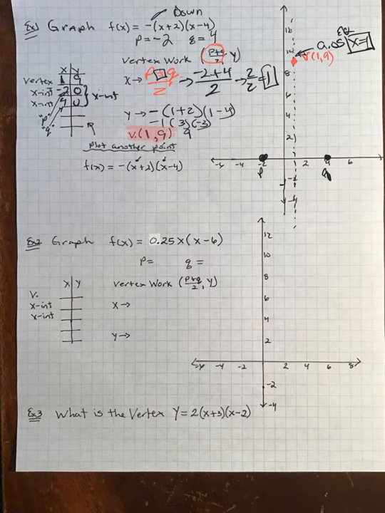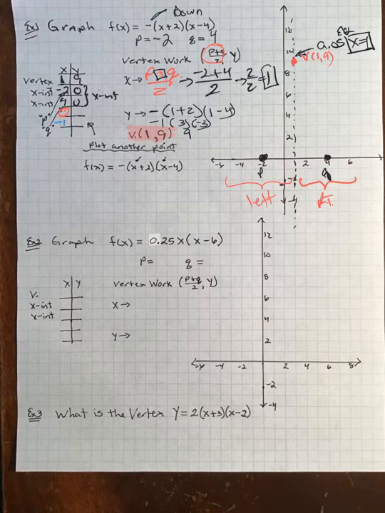So I'm going to pick some points in my t-table that are between or on the outside, somewhere on the left or the right of the vertex. And obviously I'm not going to pick -2 or 4 because they're already in my t-table. So I'm going to pick 0 because that's easy to work with. And then maybe I will pick -1.